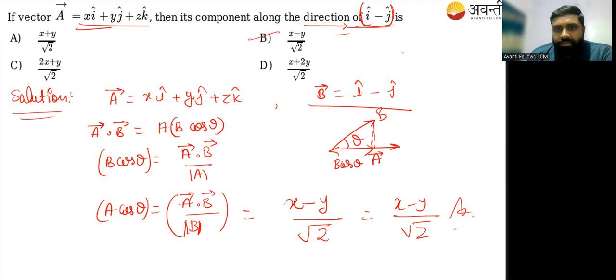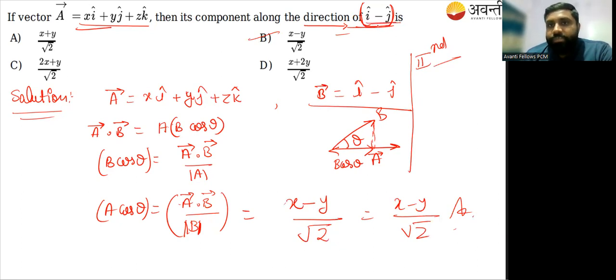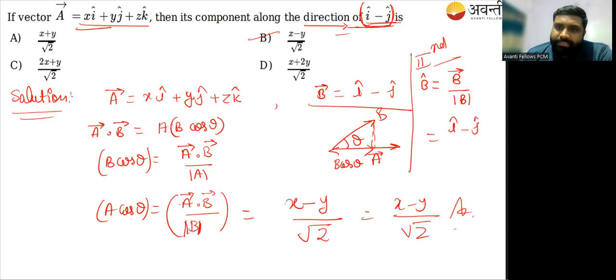Now the second method, if we talk about the second one, take the unit vector of the vector in the direction of which you have to find the component. So if you calculate the unit vector of this vector, B cap, it will be B vector divided by magnitude of B. B vector would be i cap minus j cap divided by magnitude root 2.